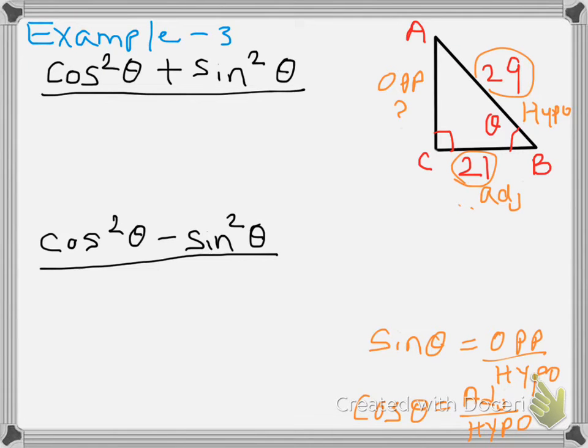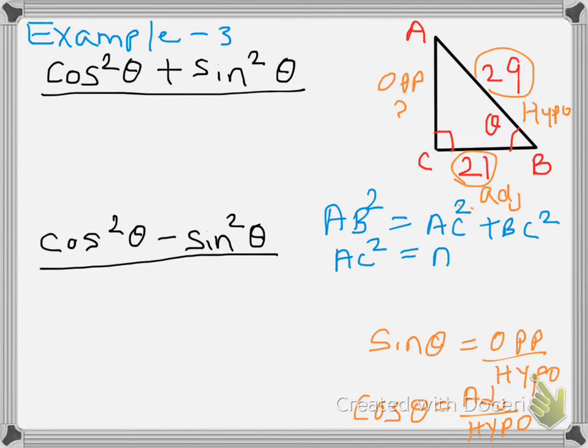Pythagoras Theorem says the longer side, the hypotenuse square, is equal to the square of the other two sides, which is the AC square and the BC square. Now we are trying to find AC square, so I'm just going to rewrite this equation. So AC square is equal to AB square, and then I'm setting BC on the other side. Here it's positive, so it becomes minus BC square.